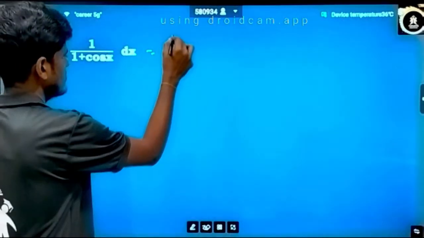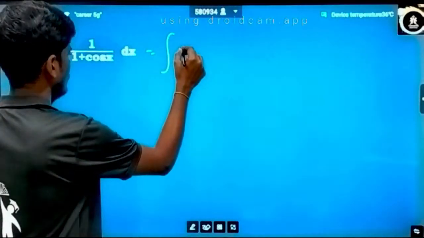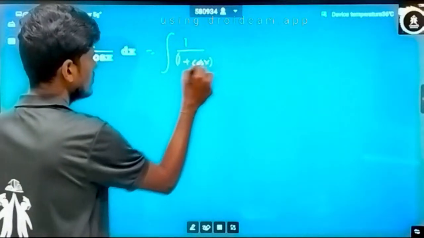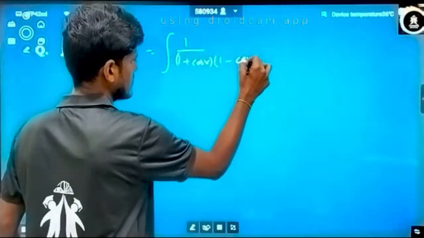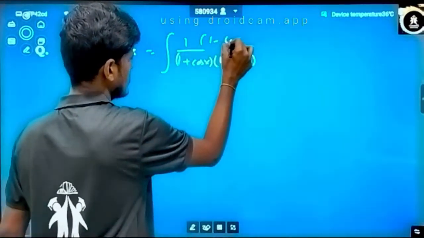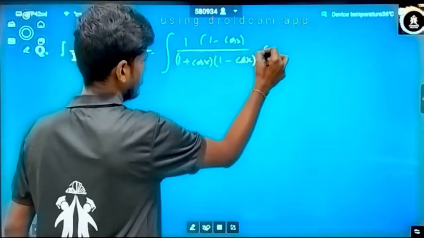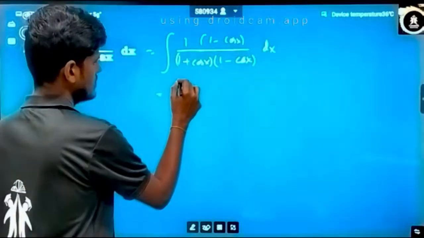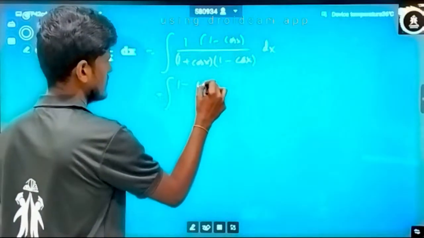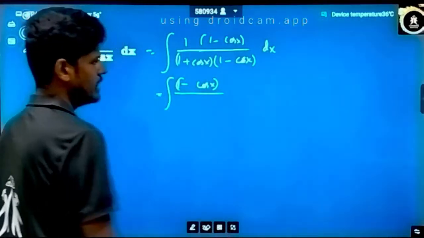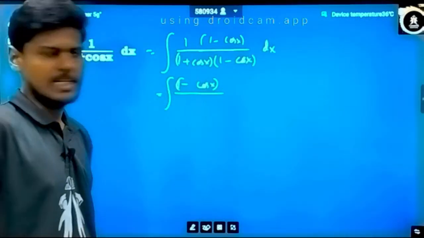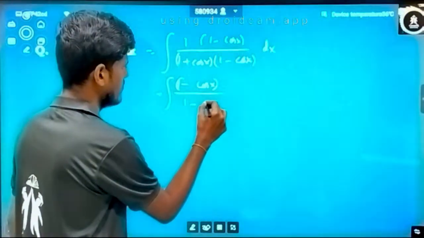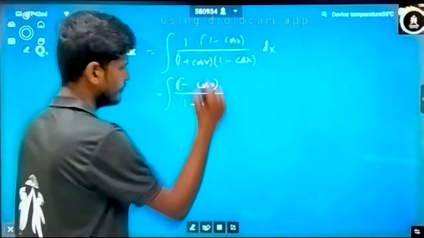So we can write this integral as the integral of 1 by 1 plus cos x, multiplied and divided by 1 minus cos x, dx. Next, this is the integral of 1 minus cos x divided by 1 plus cos x into 1 minus cos x. a plus b into a minus b is a square minus b square, so that will be 1 minus cos square x.